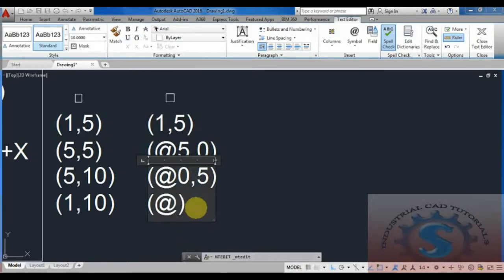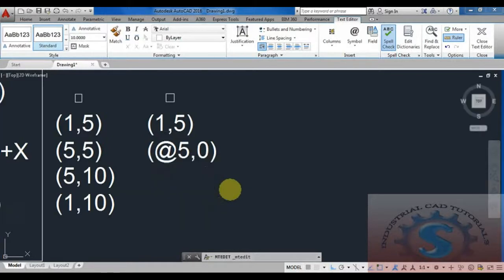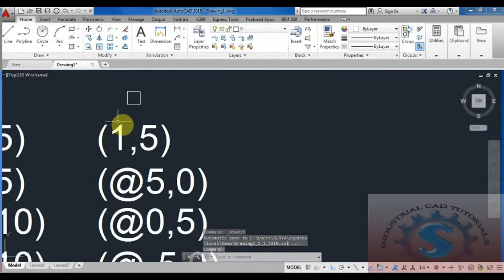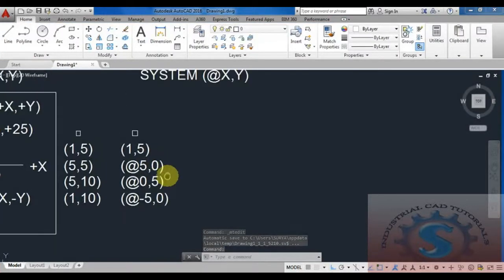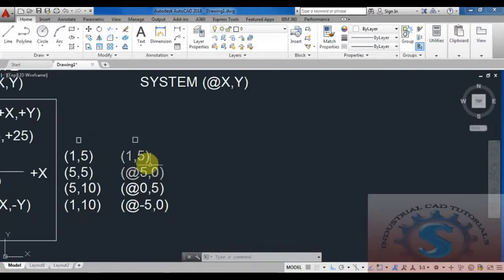Again, if the x-axis is not required, it is decreasing, then only you can give the value. On the left side position you can give the x-axis -5, then the line comes like this, then one square block is completed. By these values you can practice this absolute and relative coordinate system.